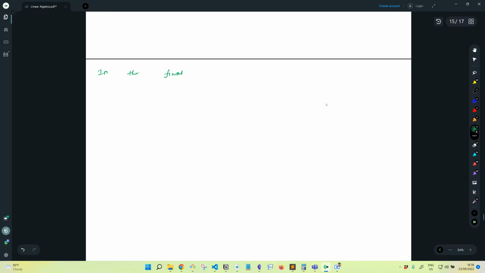If in the row reduced echelon form, in the final step of the RREF procedure, there exists no row in just the A part, ignoring the B part for now, that is all zeros, then A inverse exists.